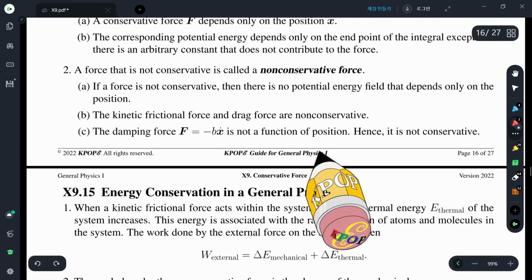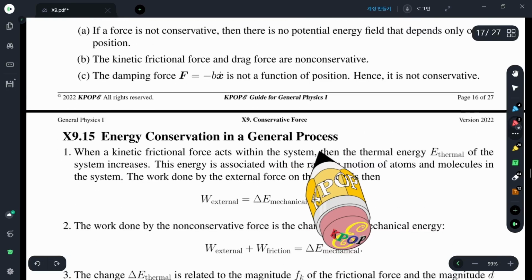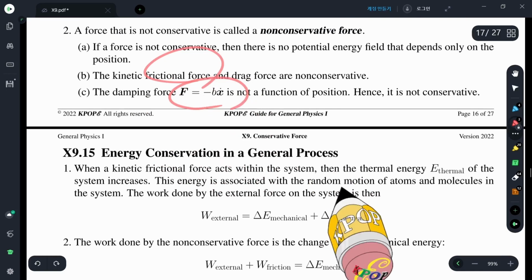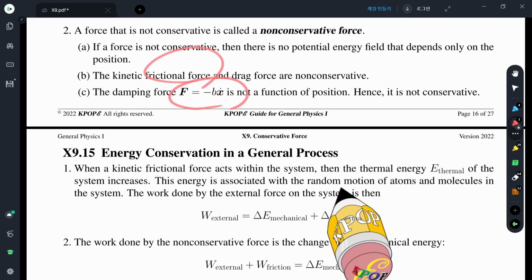There are examples of a non-conservative force: damping, friction. This kind of force does not return the energy to the kinetic energy. It has been distributed over a bulk body.